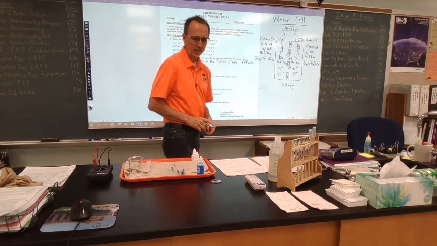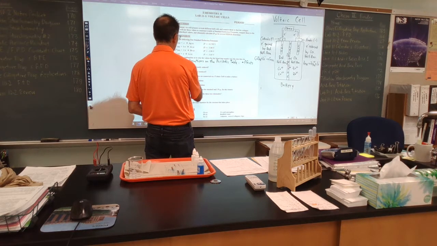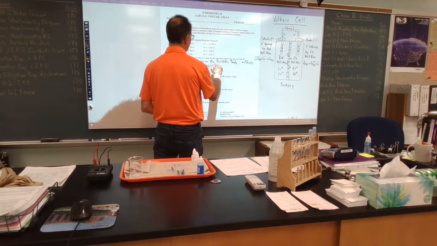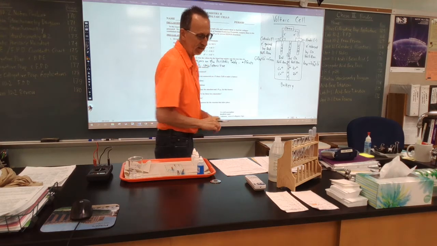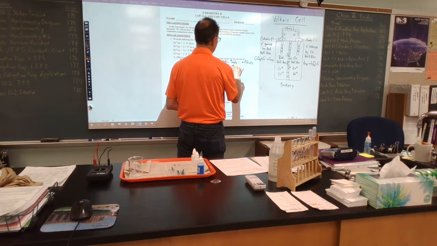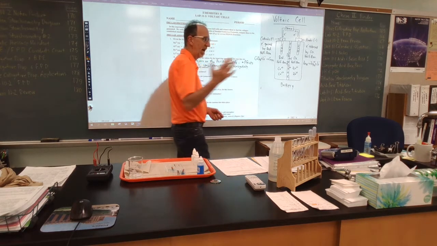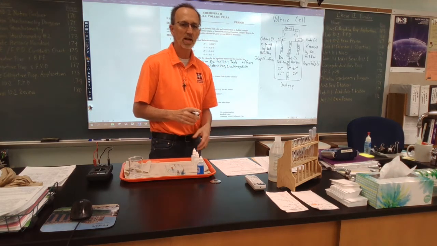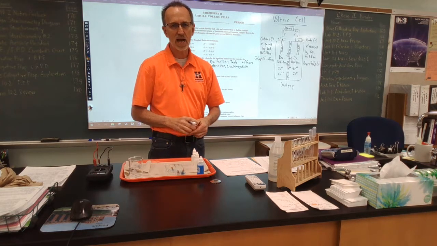First of all, it affects their number of valence electrons, their ionic and atomic size, their electronegativity, ionization energy, electron affinity, all of those things, which are then going to determine how much a substance wants to be oxidized or reduced.